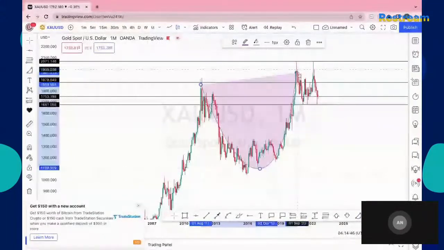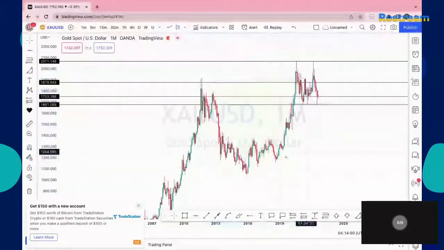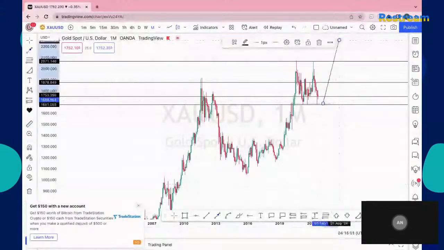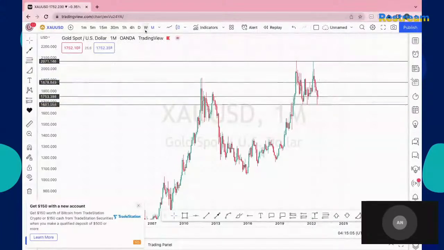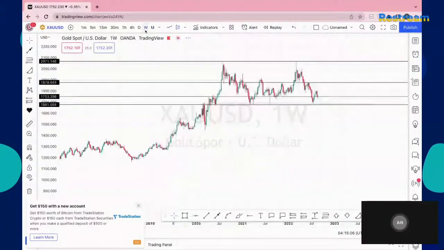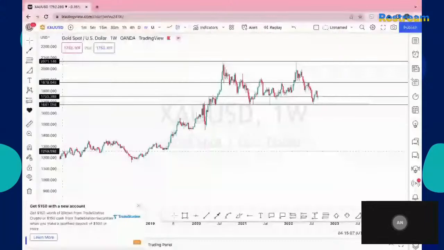Right now, we are creating the handle, so to say. When it's this handle, the expected movement is a push to the upside. So overall, gold has to go up in the long run.